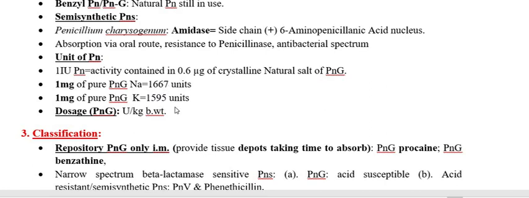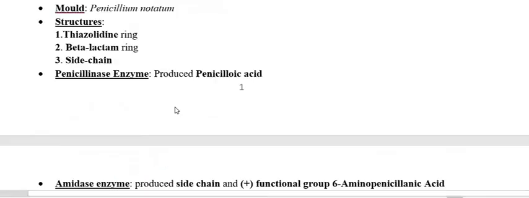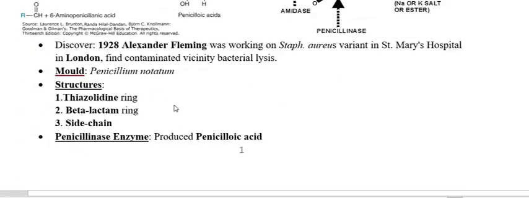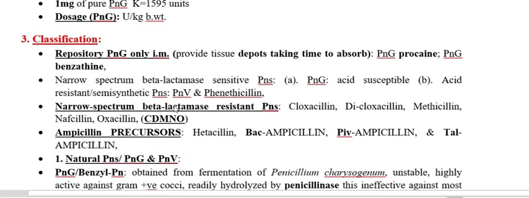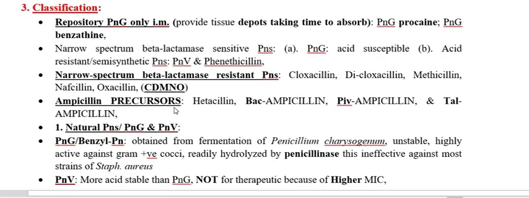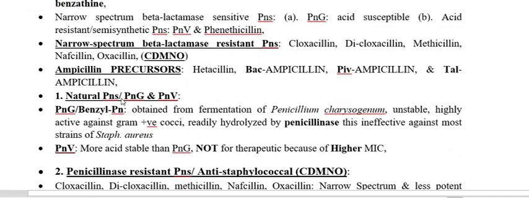So this is all about the chemistry as well as the discovery of penicillin. Now we have to go through the classification of penicillins. In this classification, we divide the penicillins into two broad groups.